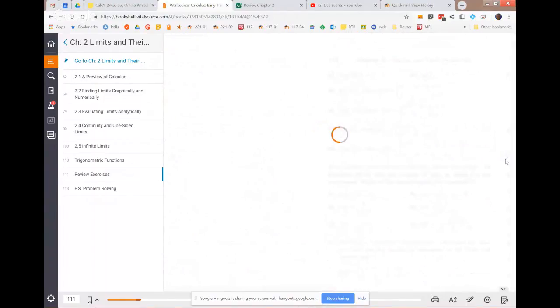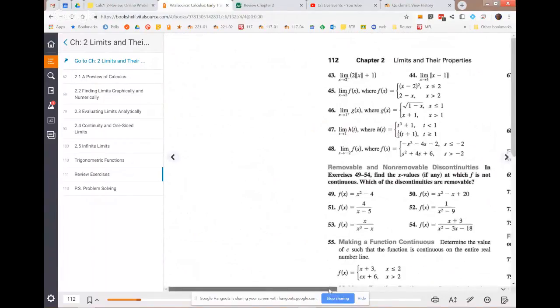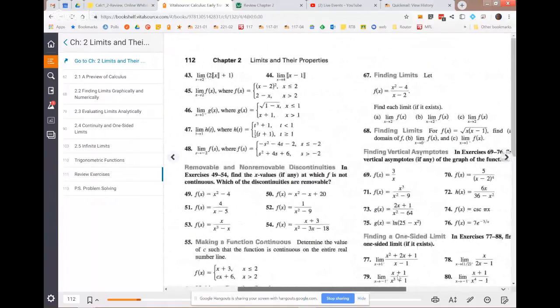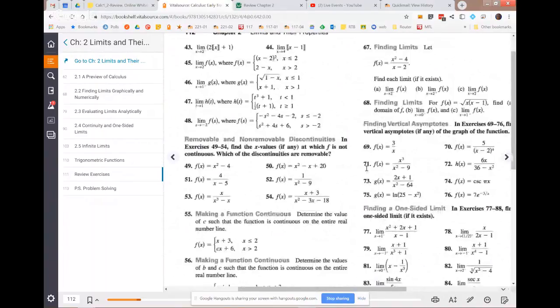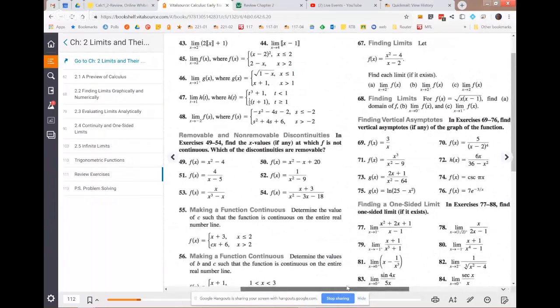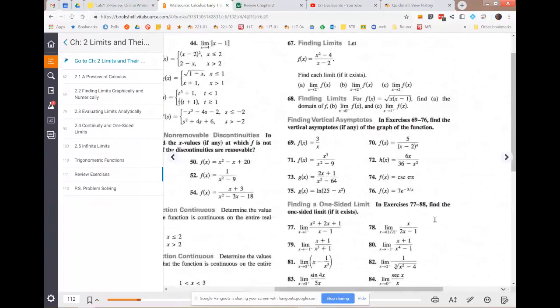Let's go on. It's kind of one on 76 there. 76 says, in the directions, find the vertical asymptotes if there are any.